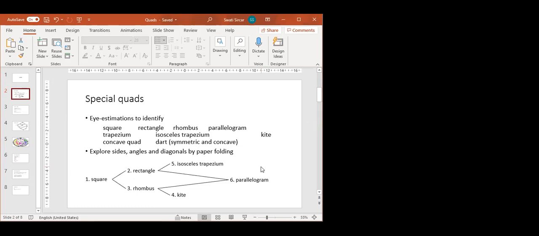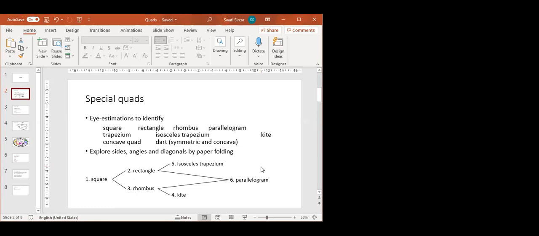In class 6, they get exposed to all the other quadrilaterals: rhombus, parallelogram, trapezium, kite, etc. First of all, they should be able to see a shape and recognize, okay, this is a kite, this is a rhombus, this is a trapezium.